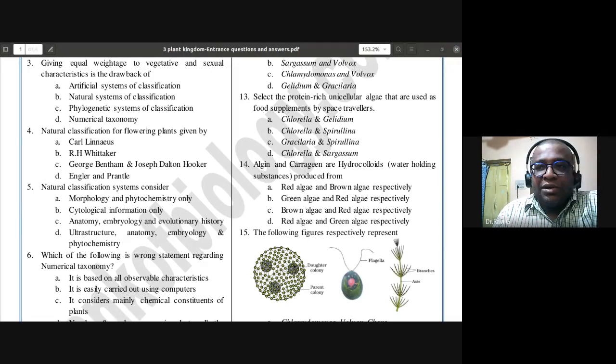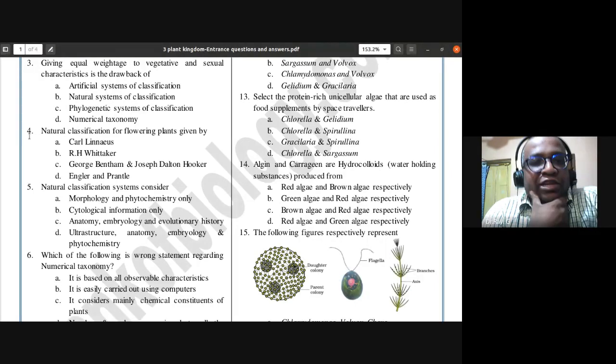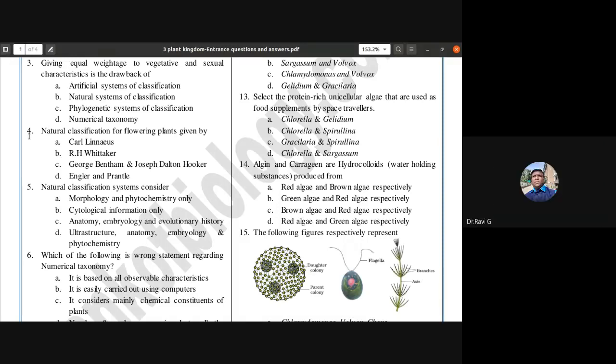Artificial system of classification, natural system of classification, phylogenetic system of classification, numerical taxonomy. So giving equal weightage to vegetative and sexual characteristics is the drawback of the artificial system of classification. They gave equal weightage to both vegetative and sexual characteristics. It is a drawback of this artificial system of classification.